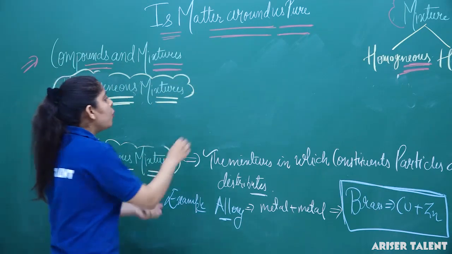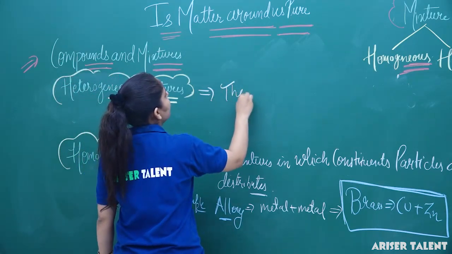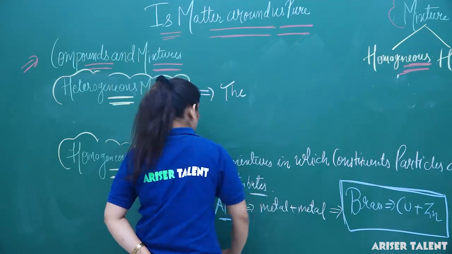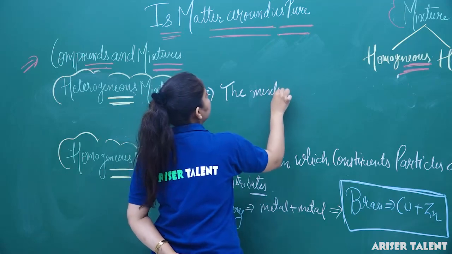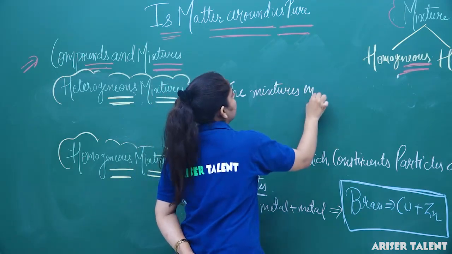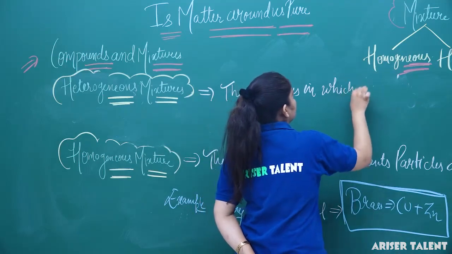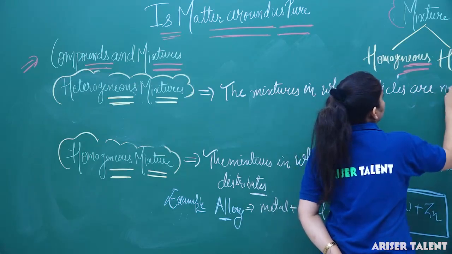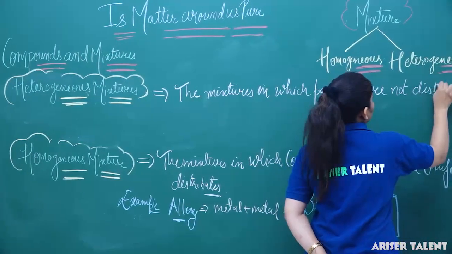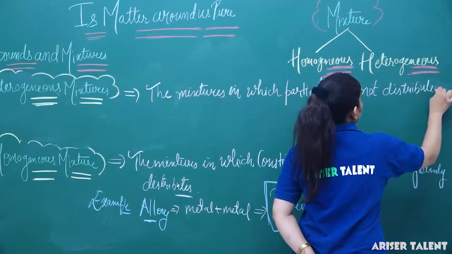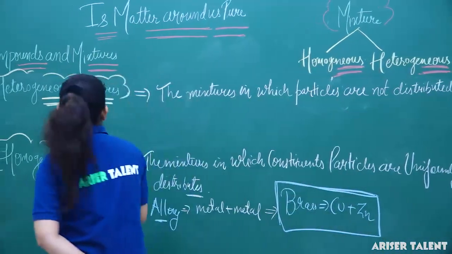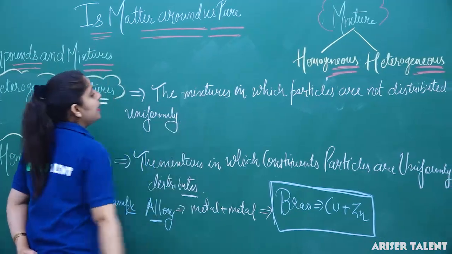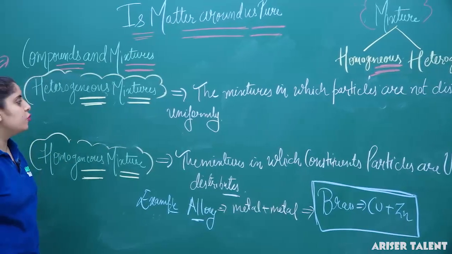Heterogeneous mixtures are those mixtures in which the particles are not distributed uniformly. Clear? So, there will be no exact distribution of the particles.